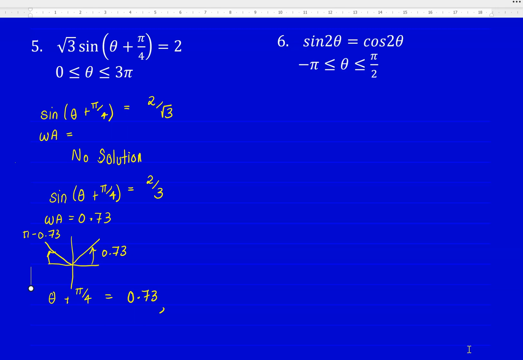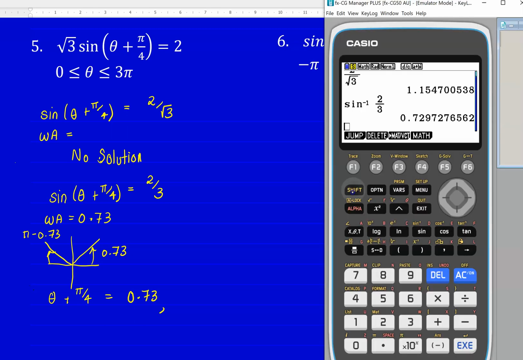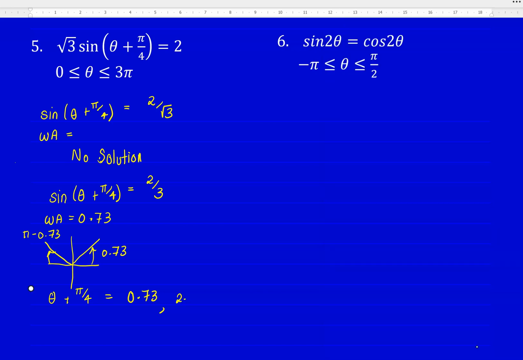So we can pop that on our calculator. So shift pi minus our previous answer. So 2.41 plus k lots of 2 pi.